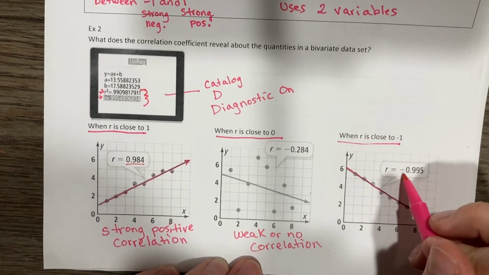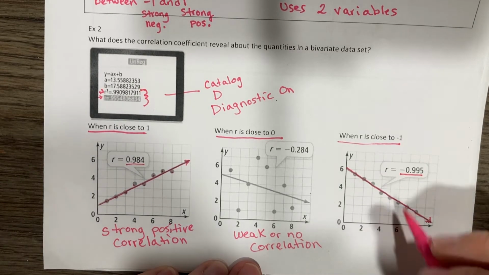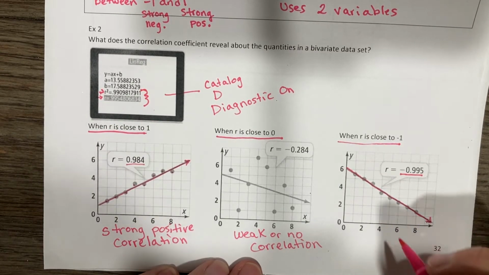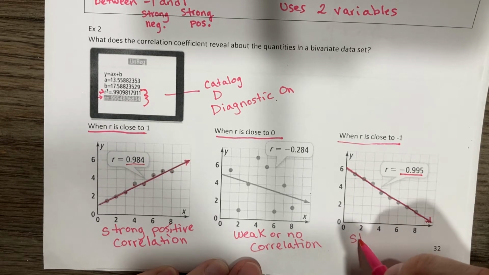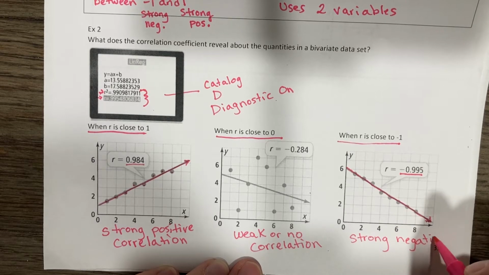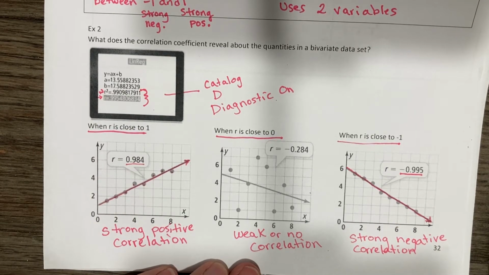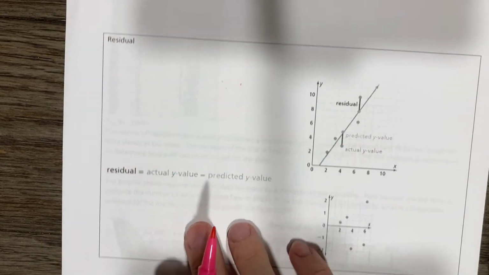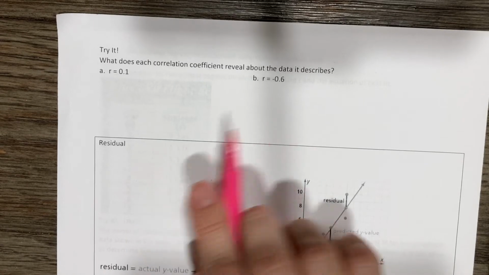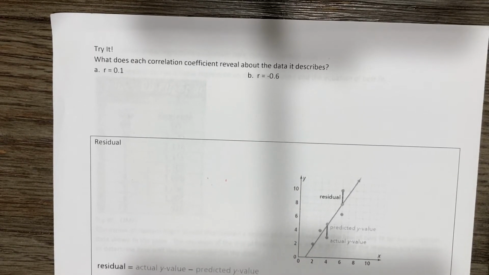That is close to -1, negative 0.995. So that's our correlation coefficient. Then it has a strong negative correlation. Even though it's negative, there's still a correlation. Go ahead and do these try it problems, and then we'll pause the video so you can get those done.